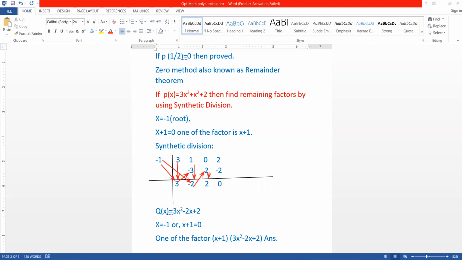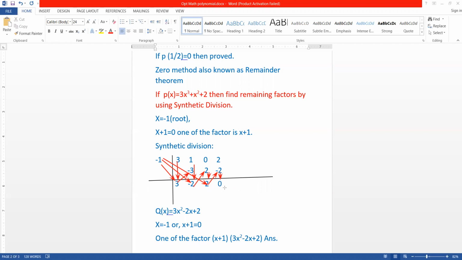Then again minus 1 multiplies this 2, minus 1 into 2 is minus 2, and when you add this 2, you will get 0.